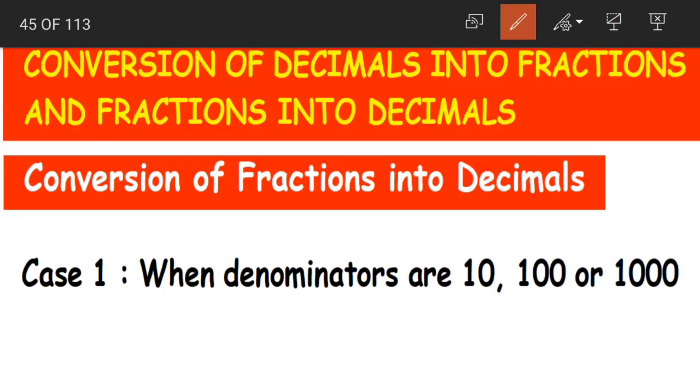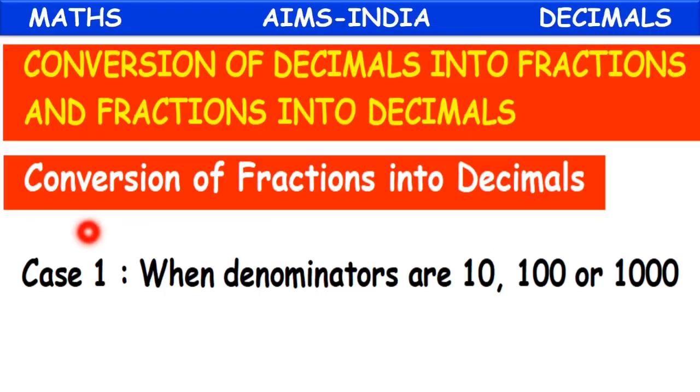Clear children? Coming to the first, that is conversion of fractions into decimal numbers. First we'll learn how to convert a given fraction into a decimal number, how to write the decimal form of a given fraction. Case 1: when the denominators are 10, 100 or 1000.